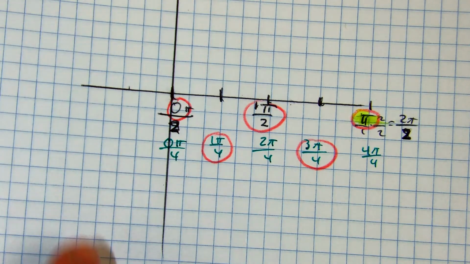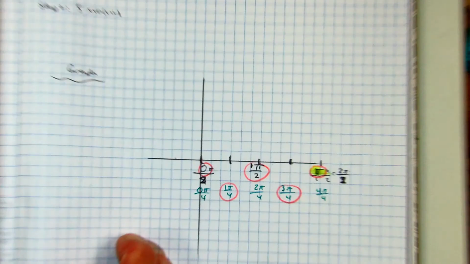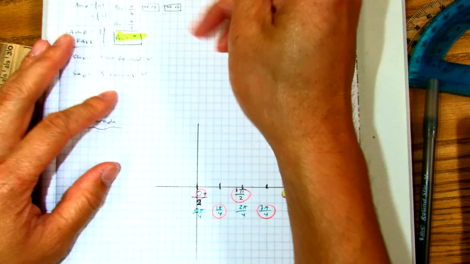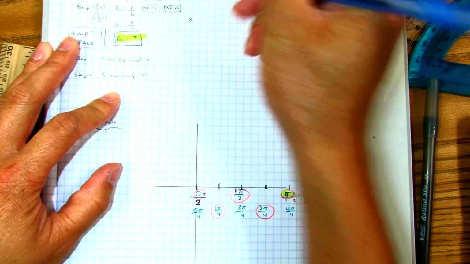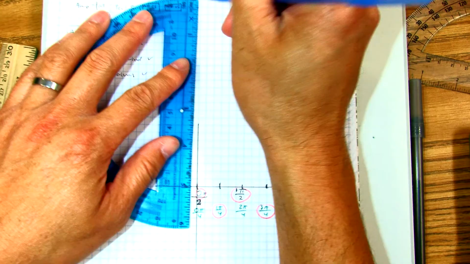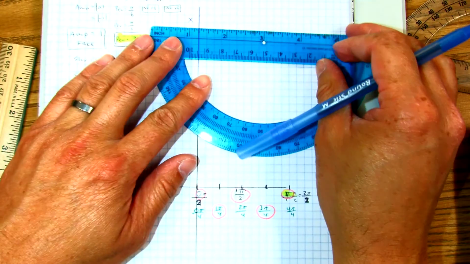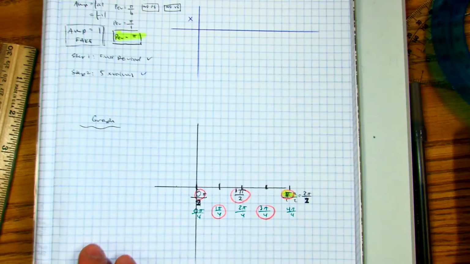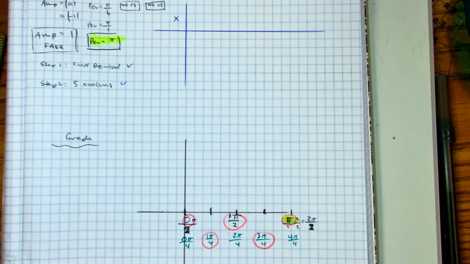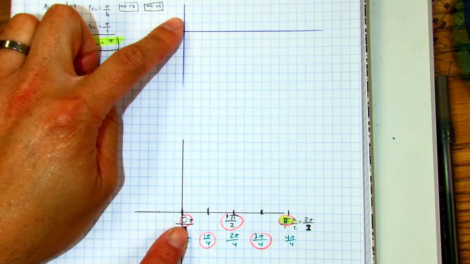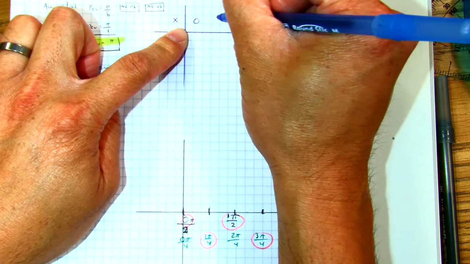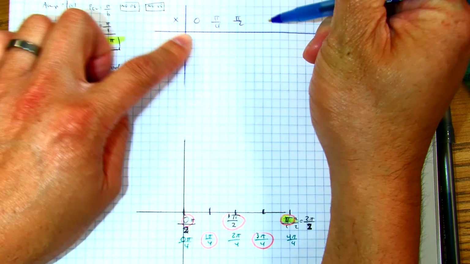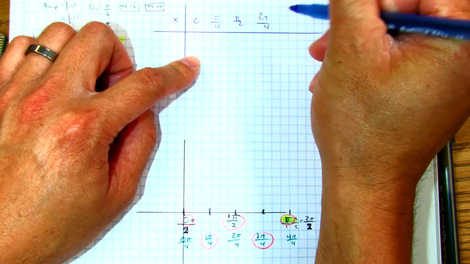Now we're going to create our 5 x values. So from these values I just circled, I'm going to write in 0, pi over 4, pi over 2, 3 pi over 4, and pi.